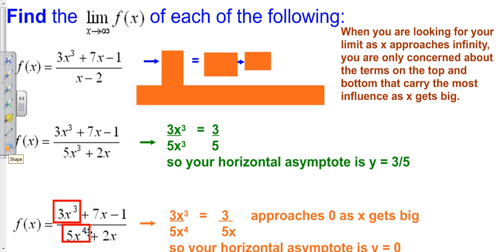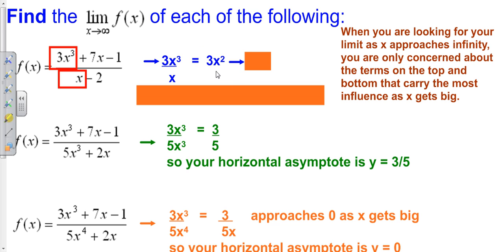When you look at the top one up here, we look at the most influential on the bottom, and that's x. The most influential on the top, that's our 3x cubed. We go ahead and look at just those, and that simplifies down. And now we're looking at, once again, what happens when you put in a really big number. A really big number squared times 3 is something really, really big.